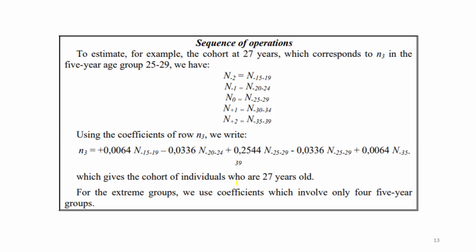And okay, then here you have age groups. This is from 15 to 19, this is 20 to 24, 25 to 29, 30 to 34, 35 to 39. Even though you utilize all this information by using this Sprague multiplier, you can have single year age distribution only for the N0 age group.